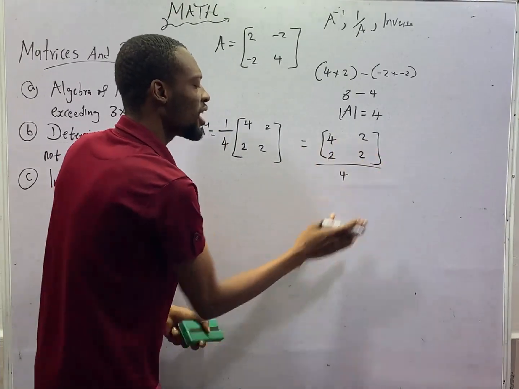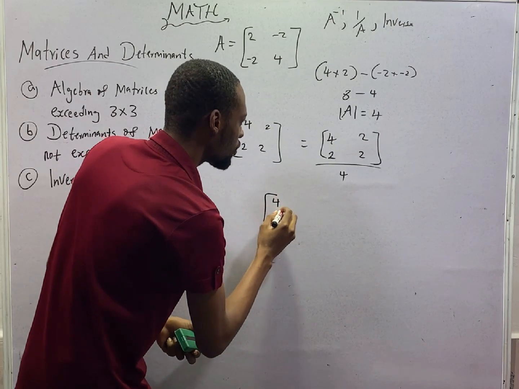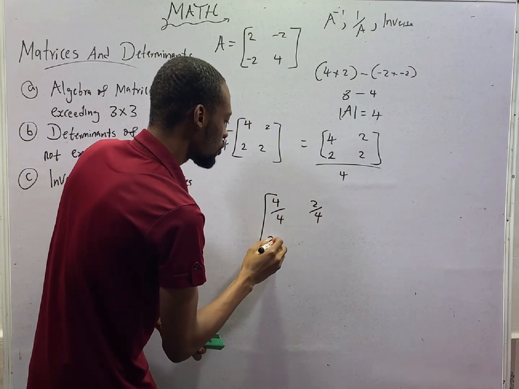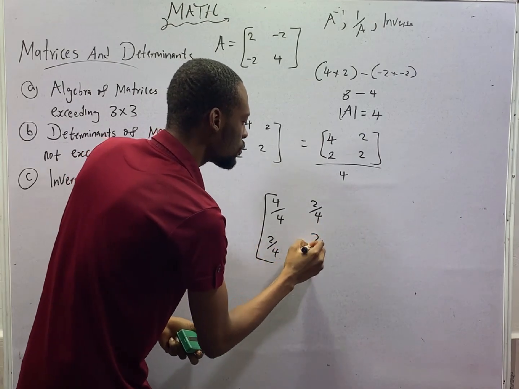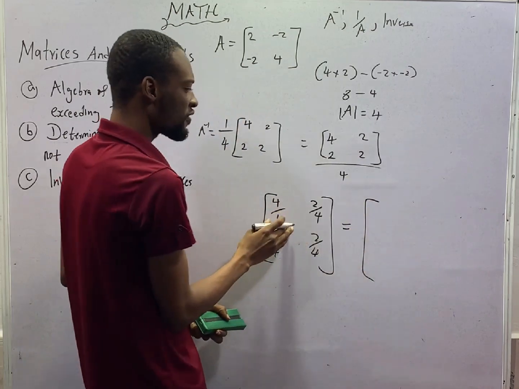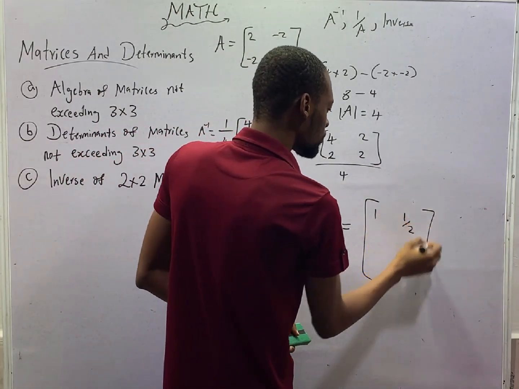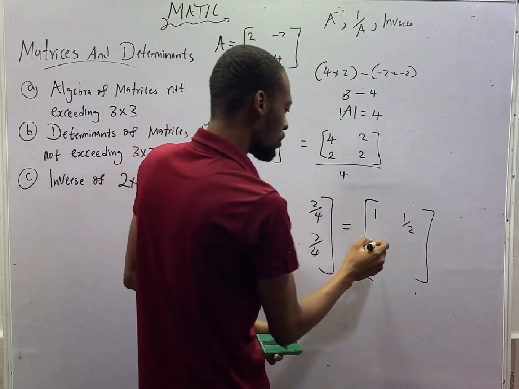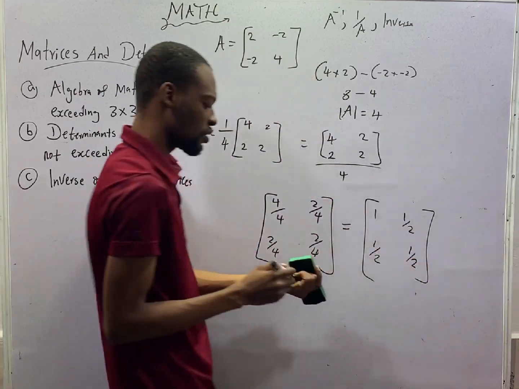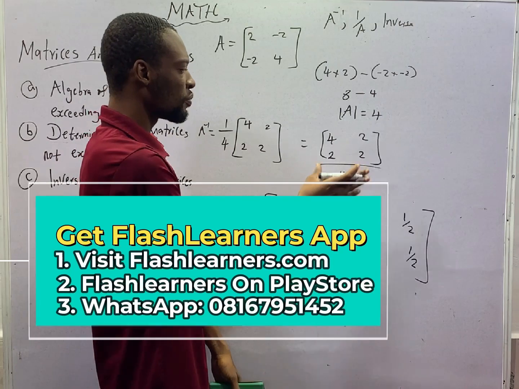Dividing each of the elements by 4, we say 4 over 4, 2 over 4, 2 over 4, 2 over 4. 4 divided by 4 is 1, 2 over 4 is 1 over 2, 2 over 4 is 1 over 2, 2 over 4 is 1 over 2. So your answer can either come in this form, or in this form.